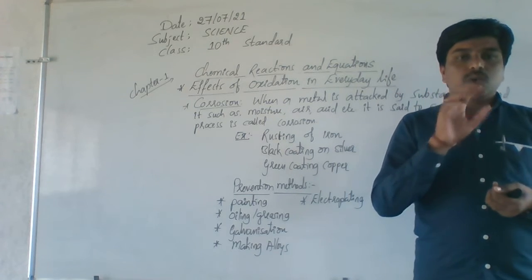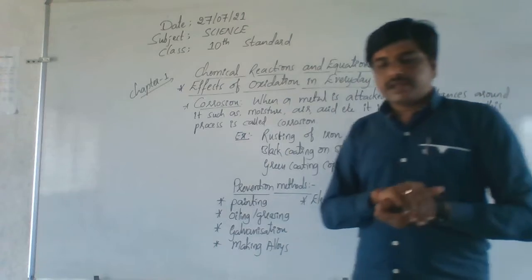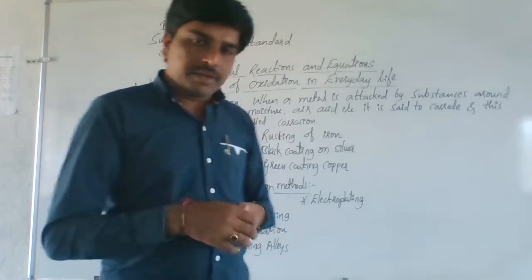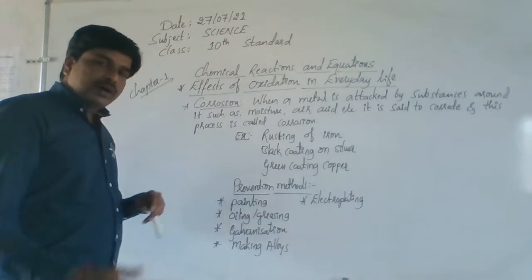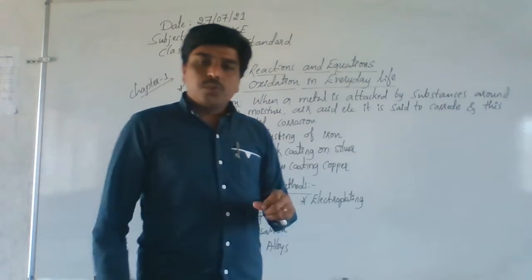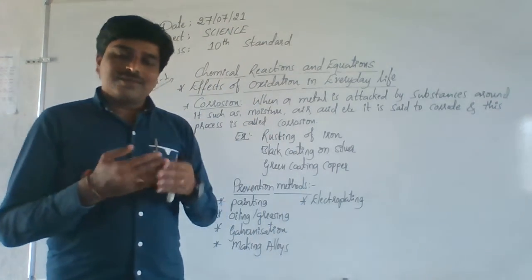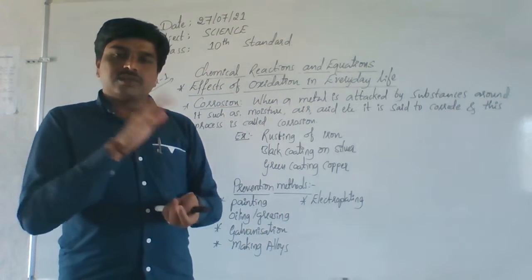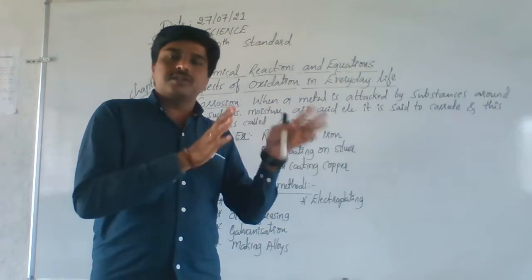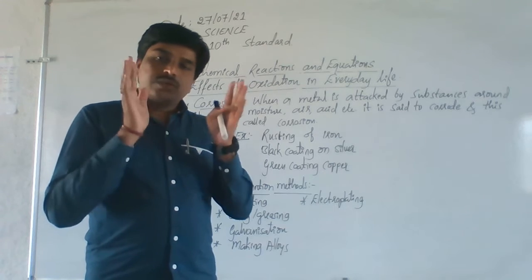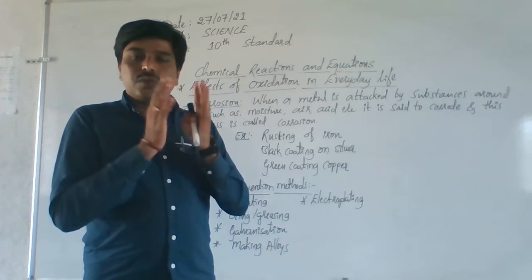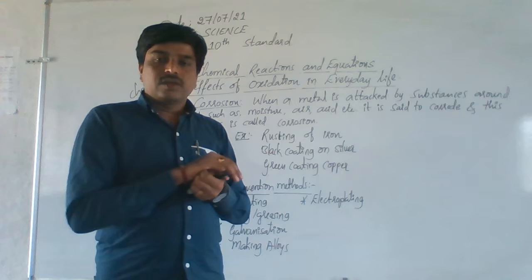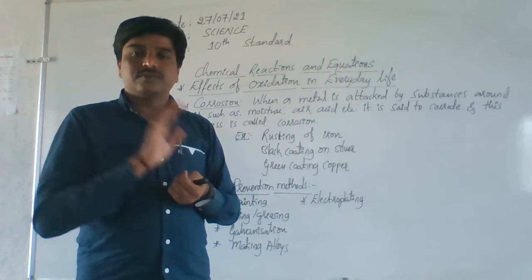So corrosion means it is the oxidation of metals. When metals oxidize, they form an oxide layer on their surfaces. So that weakens the metal. So slowly the metal gets corroded, and this process we call corrosion.